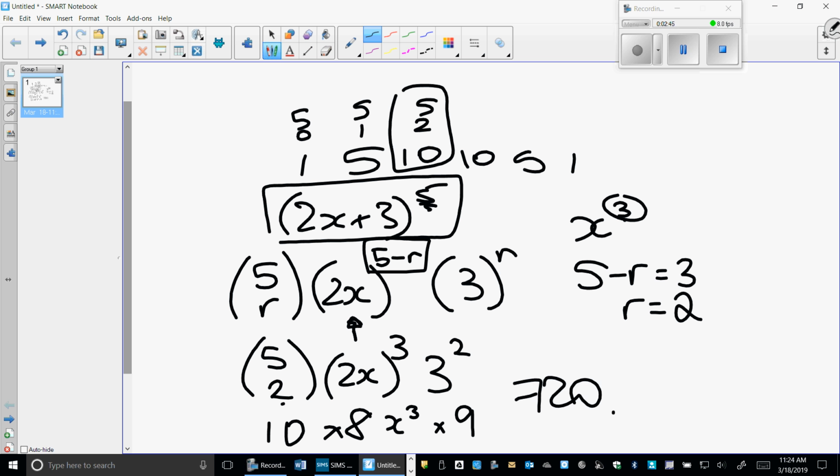Now, it was harsh, because it does say specifically in the notes, do not award final A1 for final answer of 720 if 720x cubed is seen previously. Shut up, that's not the one I was talking about. There was one later on where it asked for the coefficient.